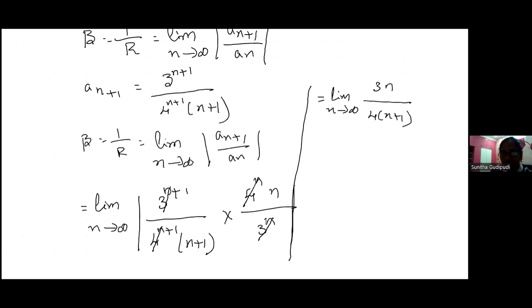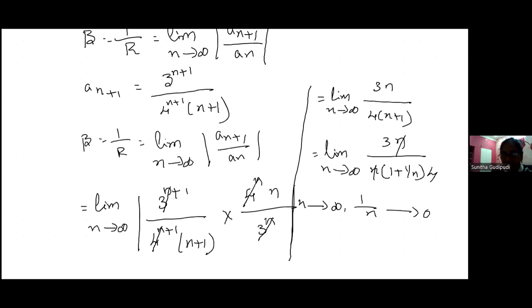So limit n tends to infinity 3n divided by, let's take n common here, so that becomes 4 into 1 plus 1 by n. This n and this n get cancelled. Now, as n tends to infinity, 1 by n tends to 0. So our beta is equal to 1 by R is equal to limit n tends to infinity 3 by 4 into 1 plus 1 by n.